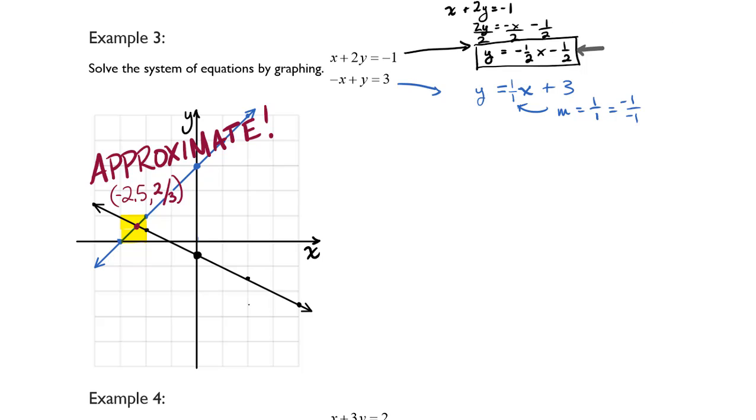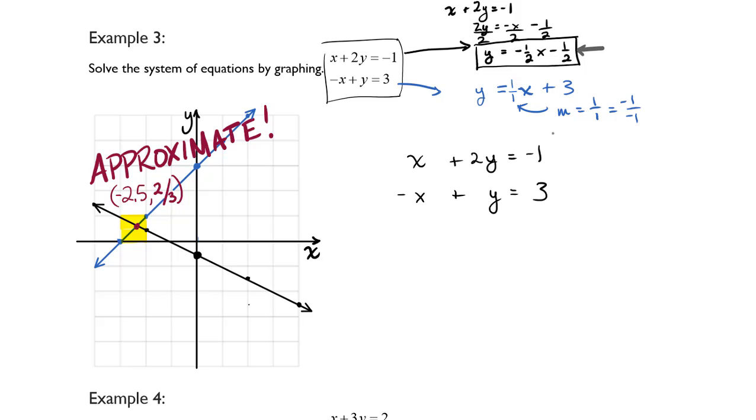Now what we're going to do is find the actual solution. We have to do a little more math to get to the solution that's exact, but trust me, it's worth it because then we'll have the visual to back up our math calculations. We're going to use elimination, and I'm going to rewrite our original system, x plus 2y equals -1, and negative x plus y equals 3.